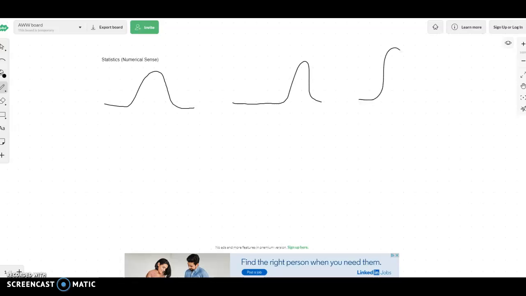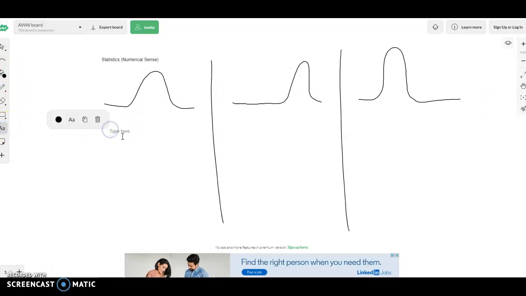There are basically three different types of graphs. Okay, so with these graphs, we have here what is called a normal or a bell curve. This one here, most of the data is towards the right, but we have outliers on the left, so this is what we call skew left.